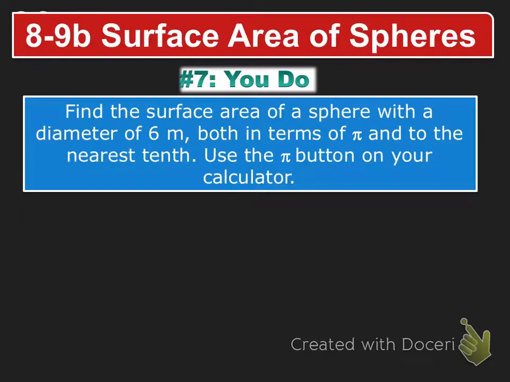And looking at number 7, it asks us to find the surface area of the sphere with a diameter of 6 meters, both in terms of pi and to the nearest tenth. Use the pi button on your calculator. So again, surface area is 4 pi r squared. But make sure you watch this. It gives you a diameter of 6 meters. When you get done with both number 6 and number 7, bring them up to me to have them checked.